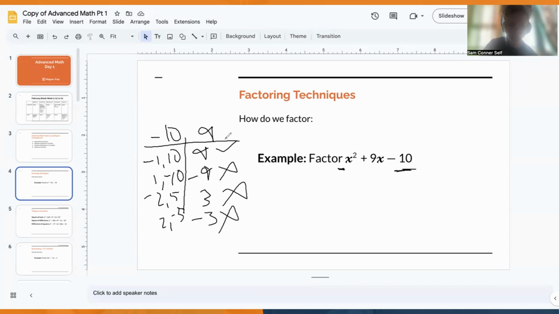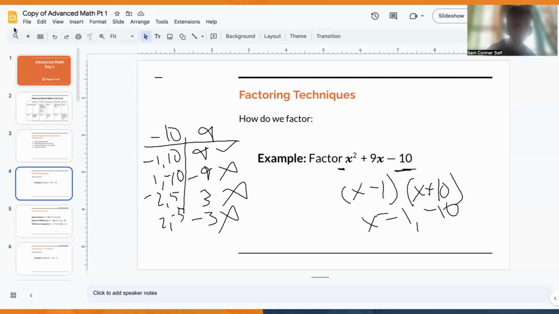So looking at this, we see that negative 1 and 10 are the only two factors that add up to 9. So we can write the solution as x minus 1 times x plus 10. So that means that x is going to be 1 and negative 10.